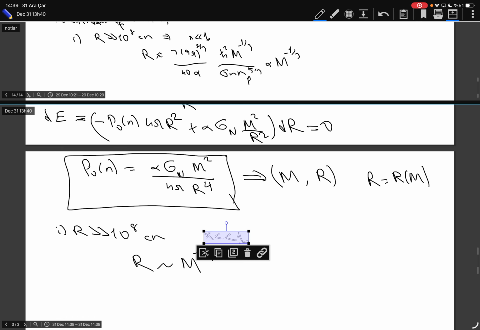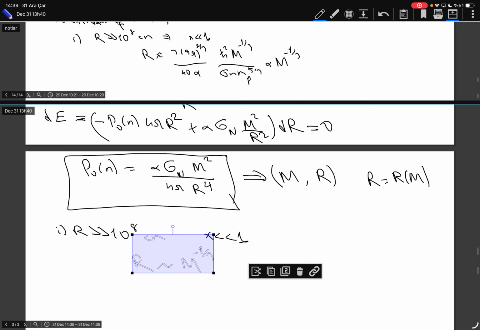If x is very small, you can just work out all the algebra, and this is what you get. R is proportional to the inverse cube root of the mass of the object. Well, this is expected. The larger the mass, the smaller the star will be. The gravitational force will be more, you will be compressing it more and increasing the pressure, and eventually, if the pressure becomes large enough, it will balance the gravitational pull.